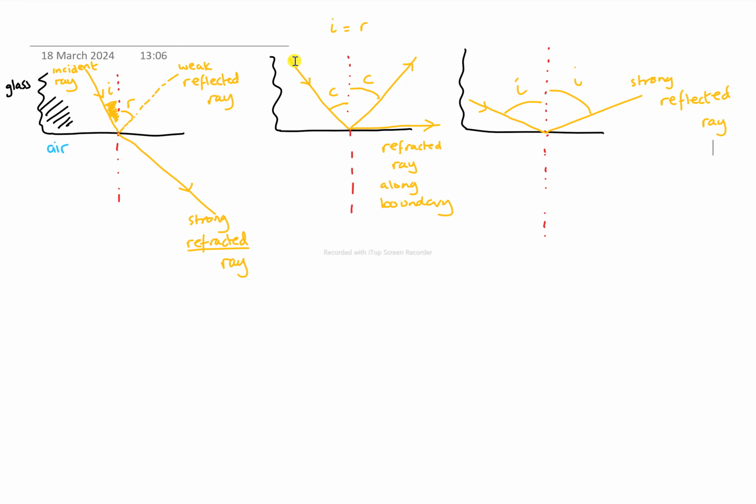If they're both equal, you get a reflected ray, and the refracted ray runs along the boundary, and then beyond that, where the angle of incidence is bigger than the critical angle, you get total internal reflection.